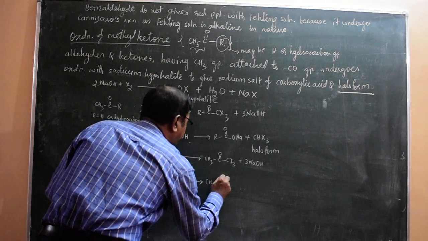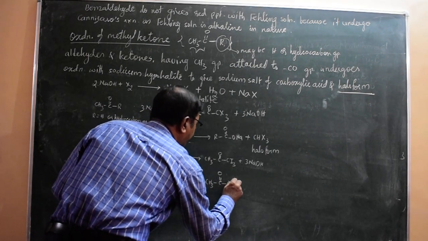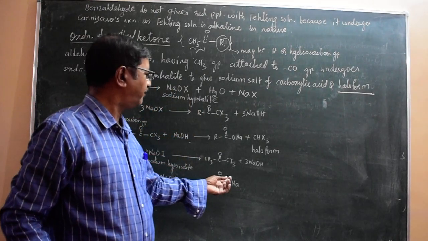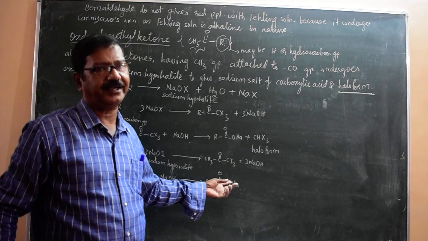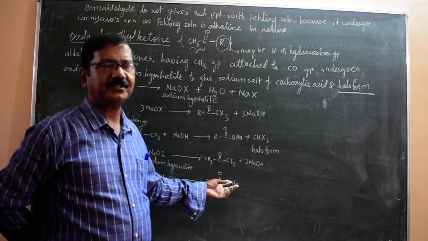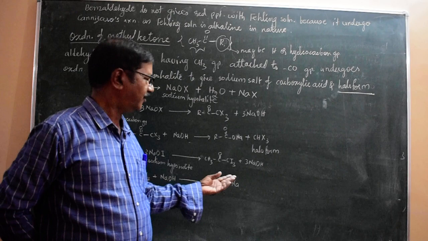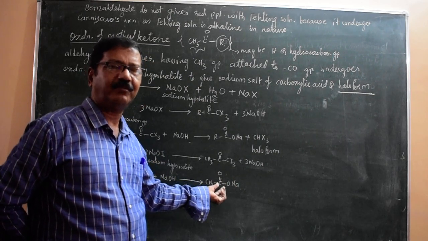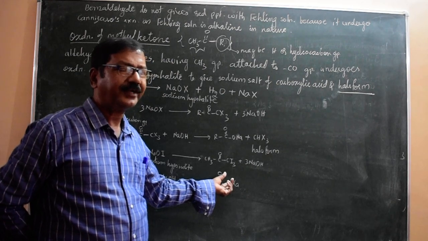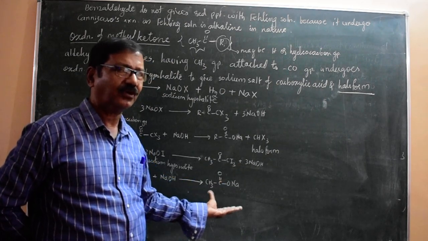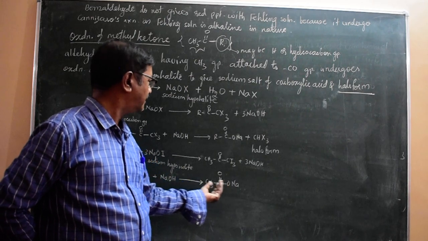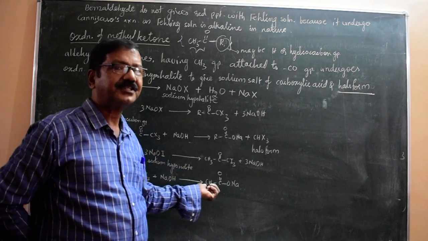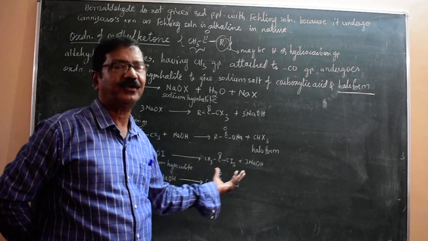CH3 C double bond O ONa, or sometimes you can write CH3 C double bond O O minus also, because sometimes in the paper, instead of giving the sodium salt, the formula may be given like CH3COO minus. So don't get confused there. It's nothing but a salt. The salt does not exist as CH3COONa in solution; it exists as CH3COO minus and Na plus, because it's ionic.